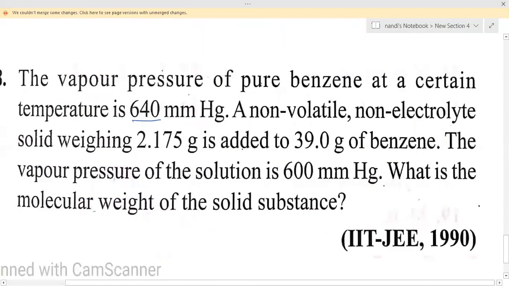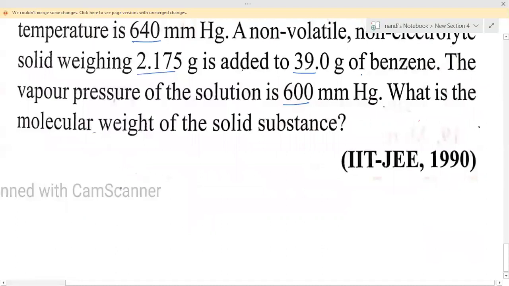Then this is PS, a non-volatile, non-electrolyte solid weighing 2.175 grams, this is WB, added to benzene solvent, this is WA. What they are asking here: what is the molecular weight of the solid substance? Means MB they are asking. Correct?